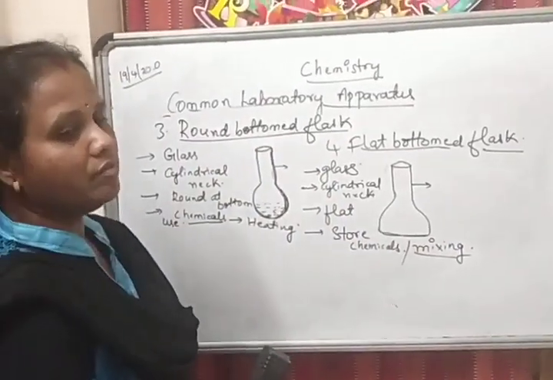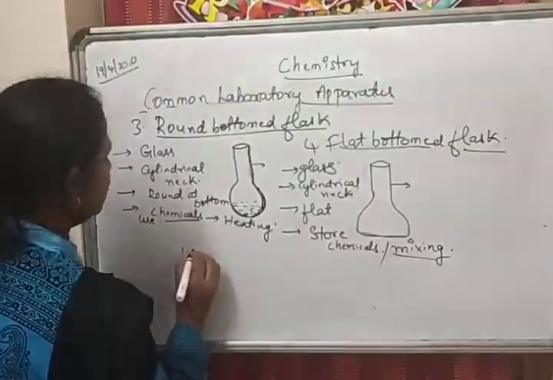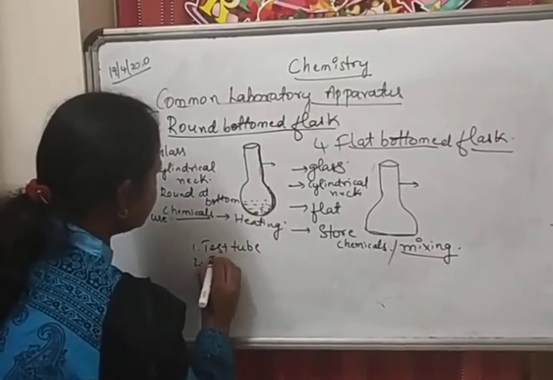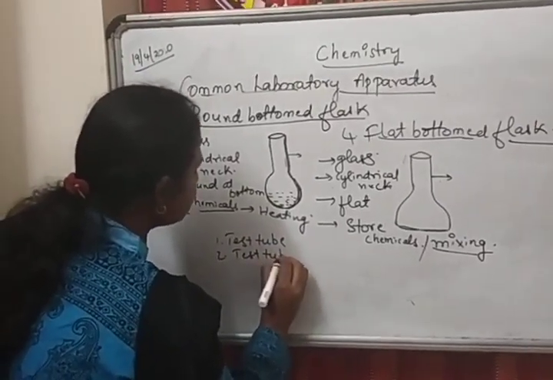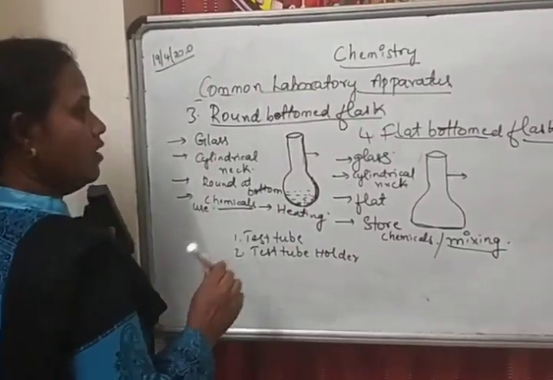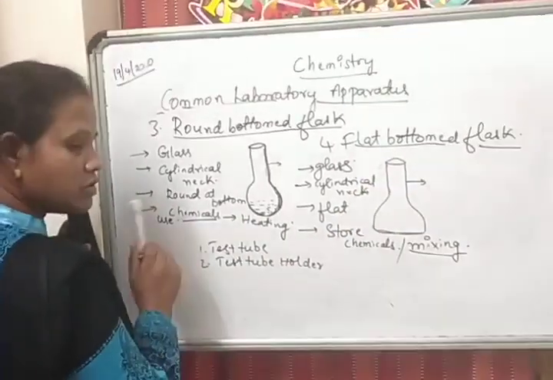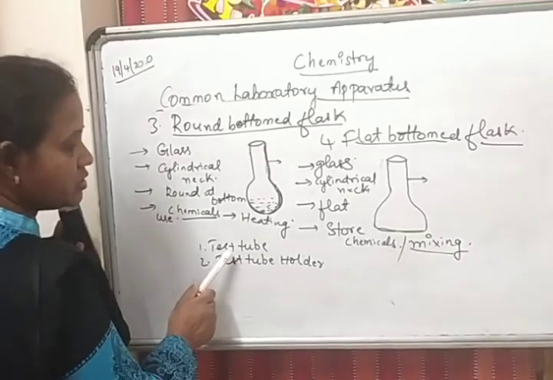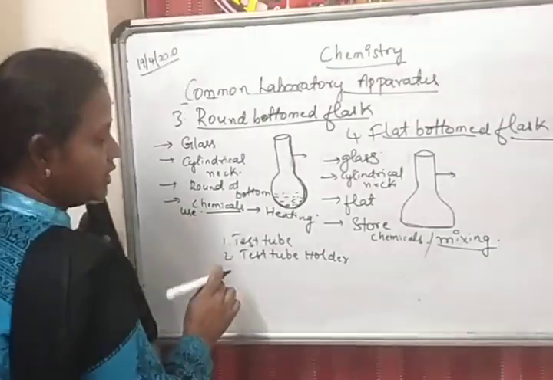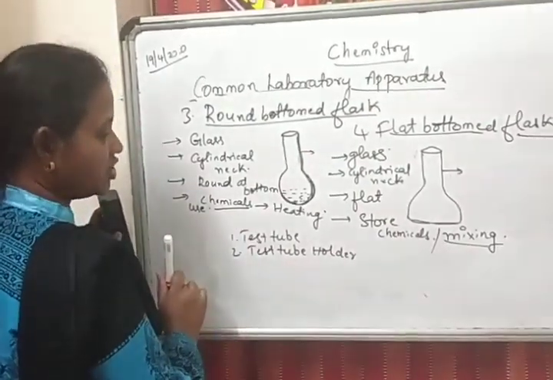So till now we have learnt about 4 laboratory apparatus. First one is the test tube. Second one is the test tube holder. Third one is the round bottom flask. Fourth one is the flat bottom flask. What is the use of the test tube? It is used to hold the chemical and to carry out chemical reactions.